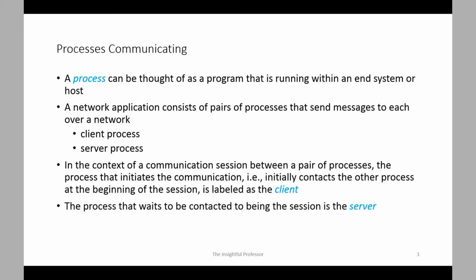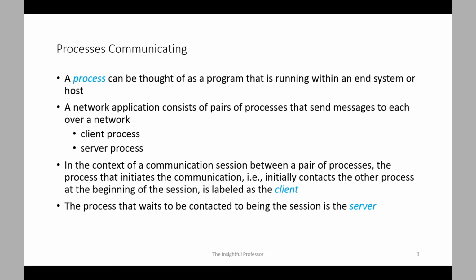Now, we mentioned the idea of two machines communicating, but in reality, what we have is some application running on each machine, and that application is represented as, say, some process. So we can say the processes are actually what are communicating. A process can be thought of as a program that's running within some end system or host. So the network consists of pairs of processes that send messages to each other.